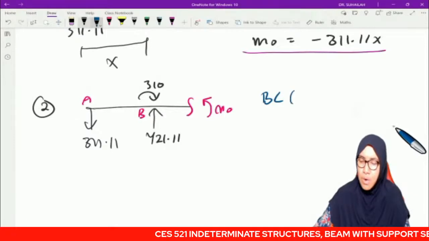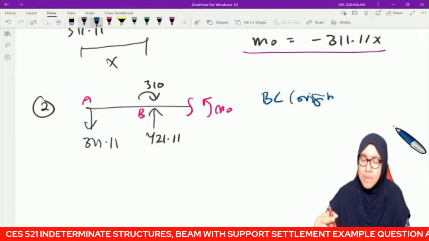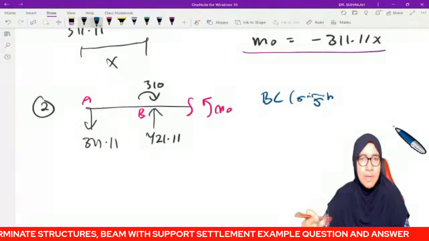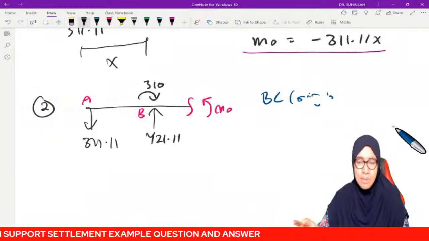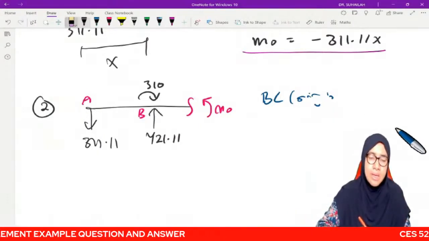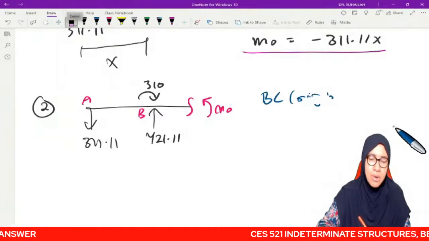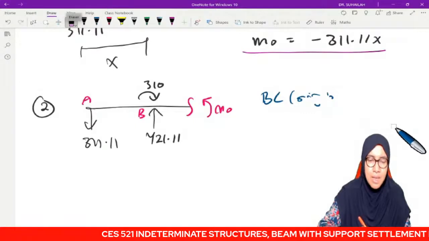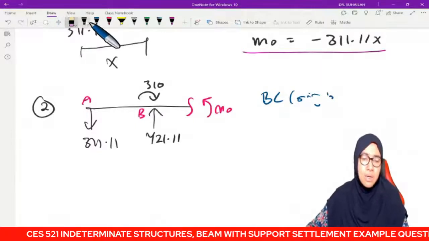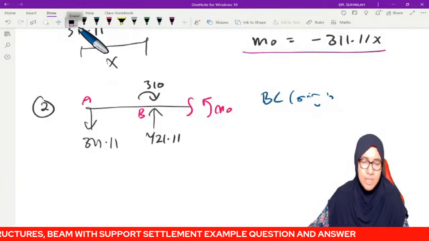Okay, BC origin. I want to choose B as origin. Always remember that every joint can be origin. Anyone can be origin. Not necessary A always be the origin. B also can be origin, A also can be origin. So the limit will depend on the origin.